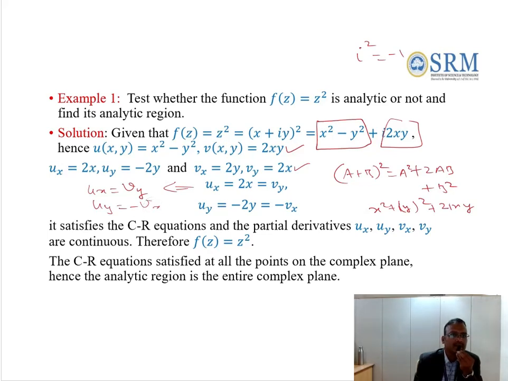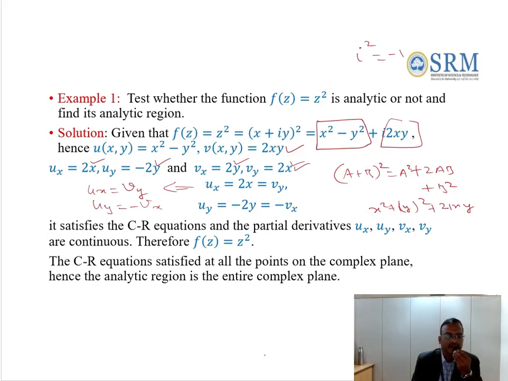That means the functions u and v satisfy the CR equations. Not only that, ux is a first degree polynomial, and uy, vx, vy are also polynomials. As we know, every polynomial is a continuous function. Hence all four partial derivatives are continuous. Hence the function f of z equal to z square is analytic.